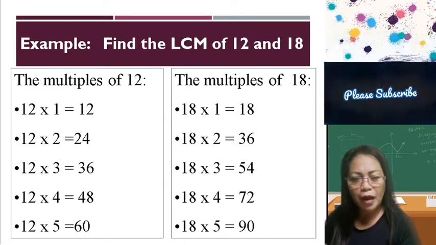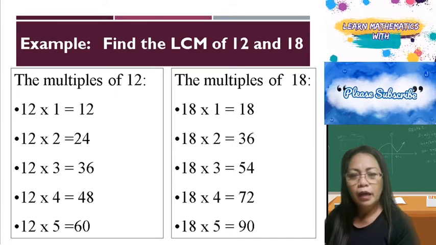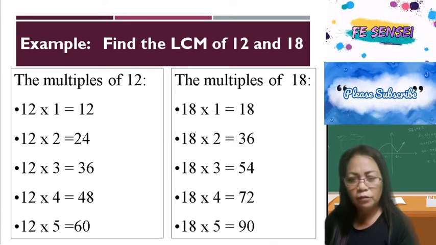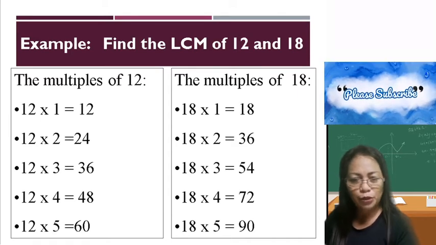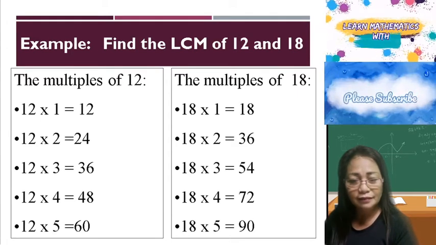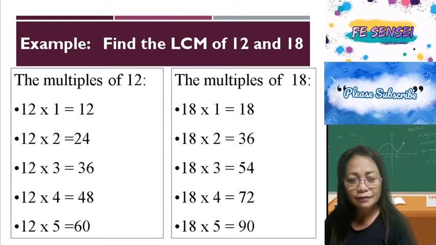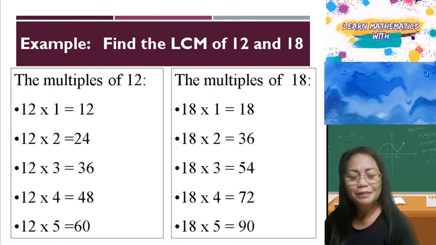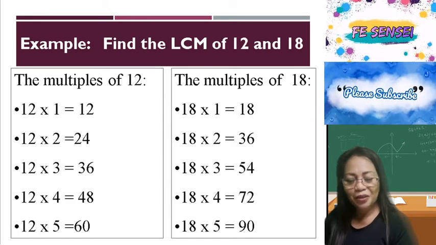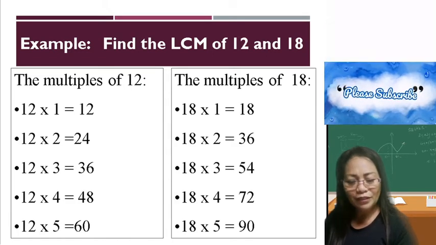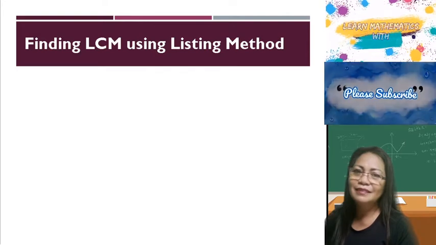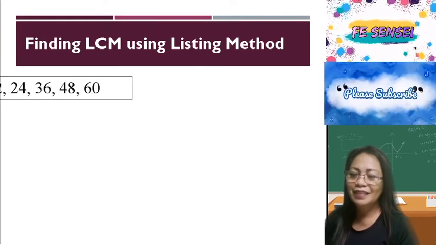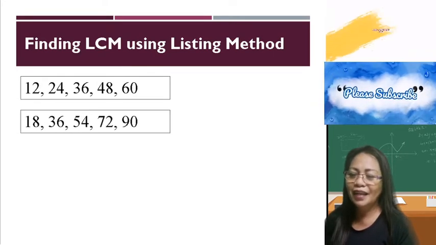Is there a number that is common between the multiples of 12 and 18? So what do you think is the common multiple between 12 and 18?